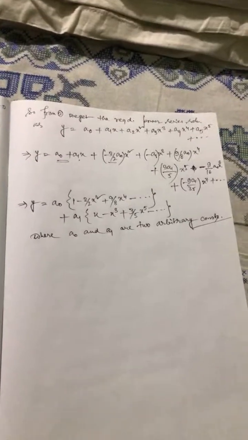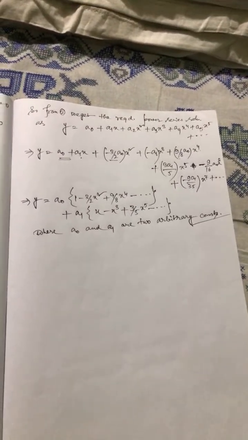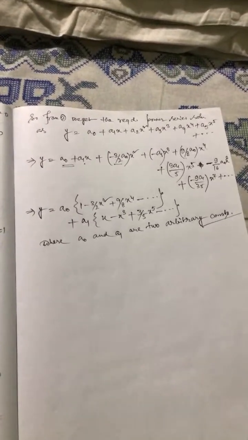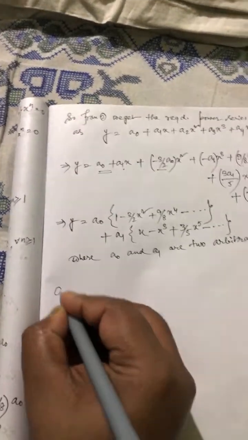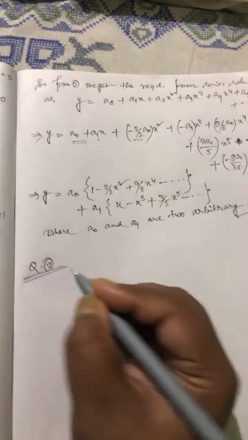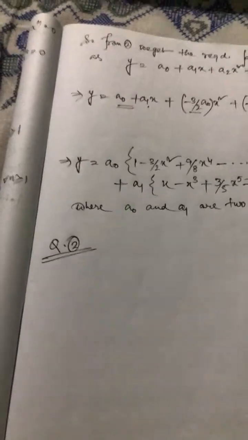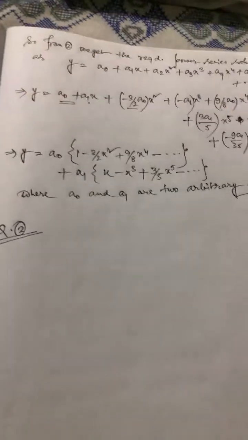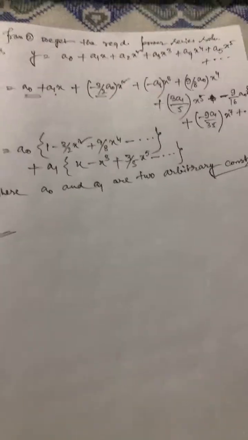Now let us solve another problem. Suppose we want to find out the solution of this one. Always remember, before going through the solution, you need to check whether the given point about which you want to find out the power series solution, whether it's an ordinary point or it's a singular point.